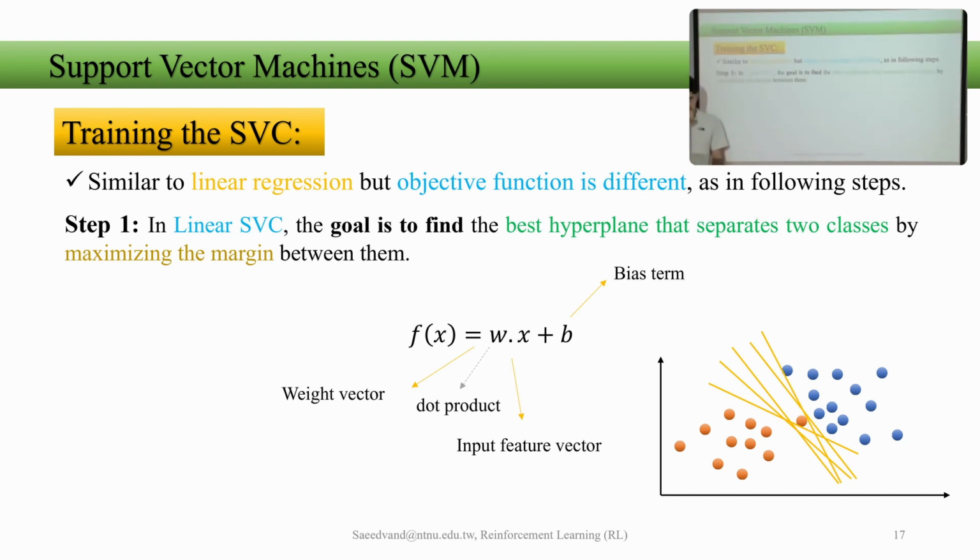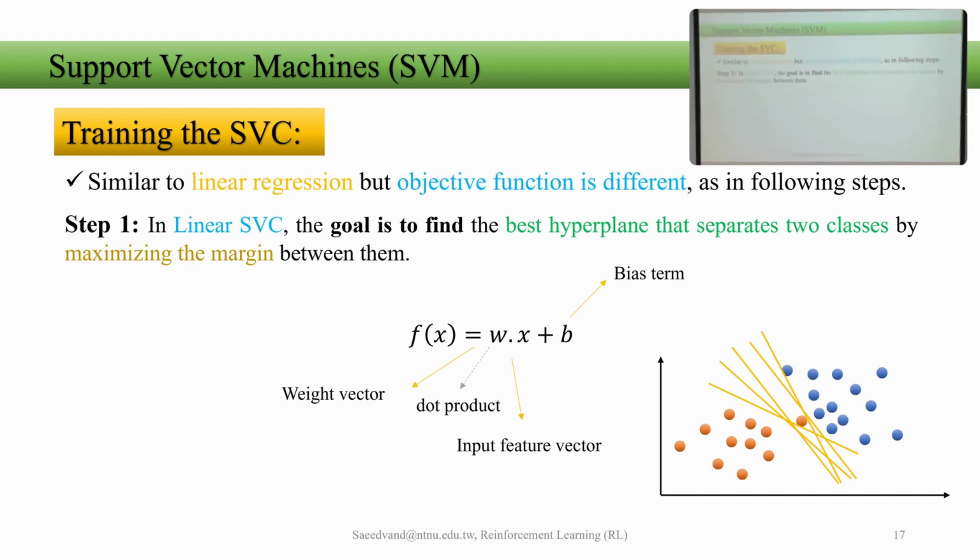So we have a couple of steps to do this. What is the first step? Let's first talk about linear models, the linear support vector classifier. It means that everything we are talking about is linear to make it simpler.